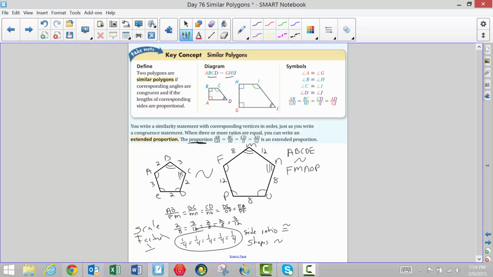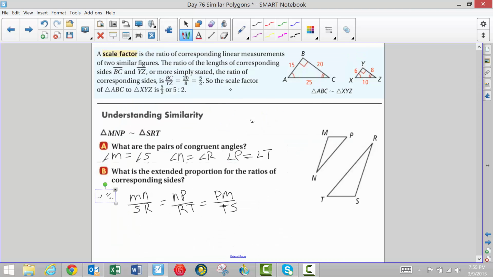So my scale factor is also 1/4, meaning that the left-hand side is 1/4 times bigger than the right-hand side. So that's your scale factor. So the scale factor is the ratios of the corresponding sides.